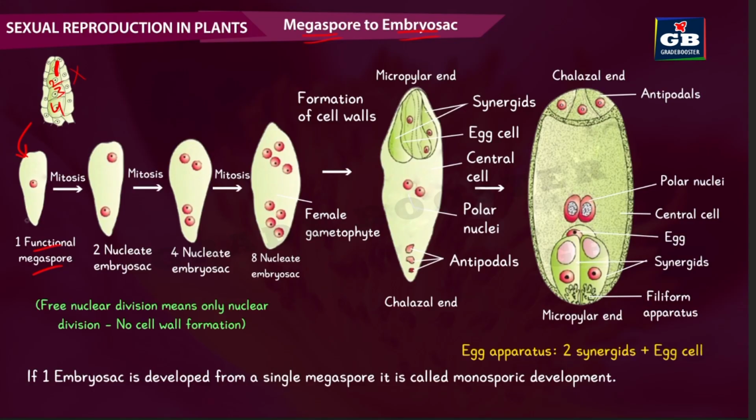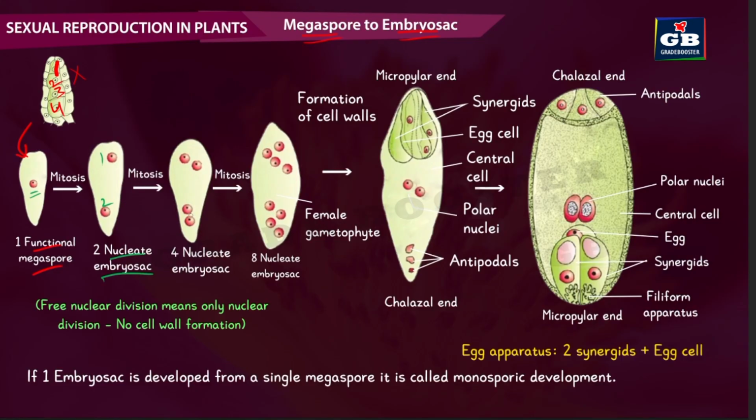This single functional megaspore has only one nucleus. It undergoes mitosis, and here it forms a 2-nucleate embryo sac. This is only one cell, but two nuclei are there, 1, 2.